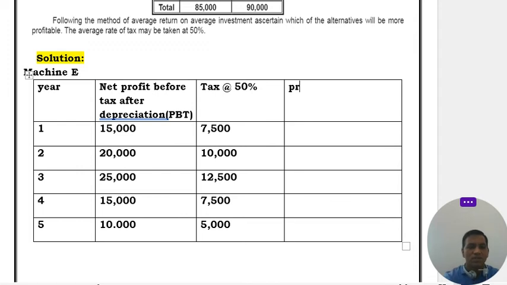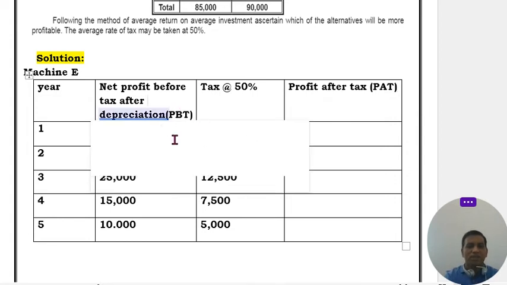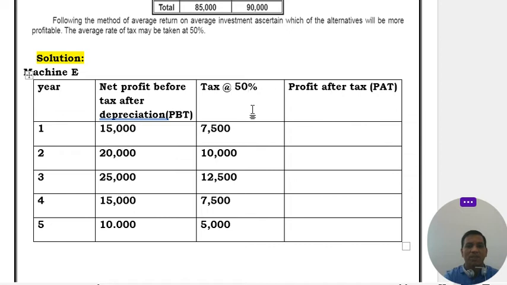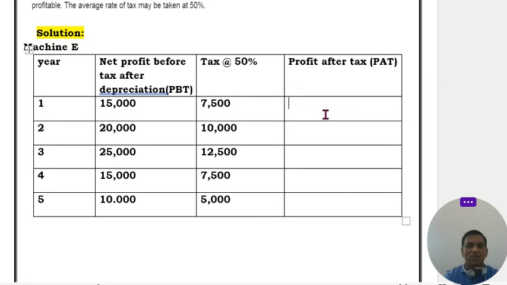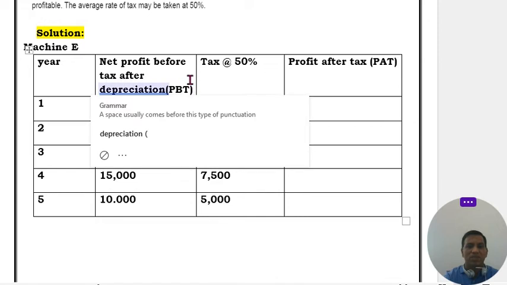Now this is profit after tax, that is PAT. This is what we need, but in this question what they give is PBT. So from PBT I subtract tax, then I get profit after tax. How? Now this column is profit before tax after depreciation, that is PBT.